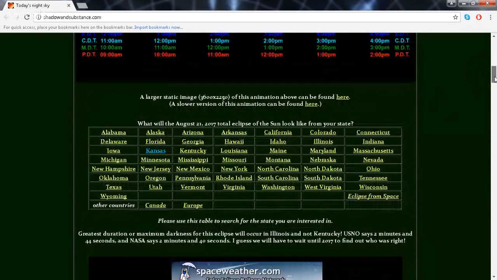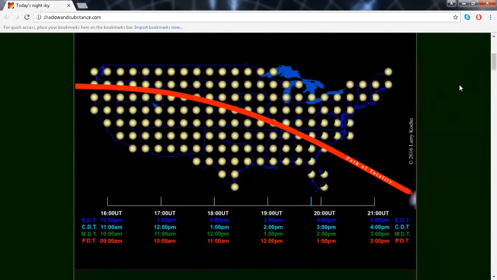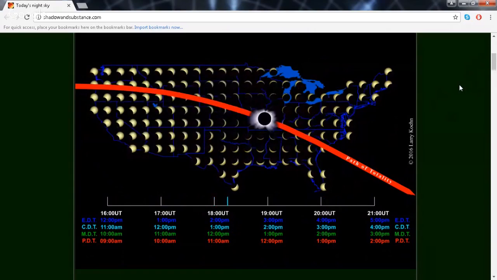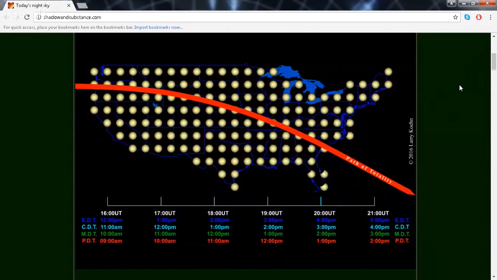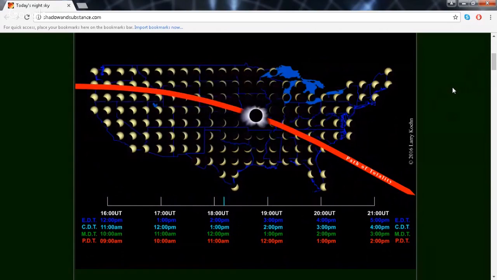Now, this is interesting to me because it just goes to show the sort of calculations and predictions that are involved in eclipses, particularly solar eclipses, where you have such a defined shadow passing across the Earth. There's a couple of points that come out of this for me, one being the ability to make these sorts of predictions well ahead of time.